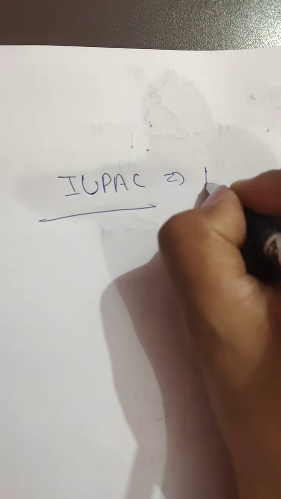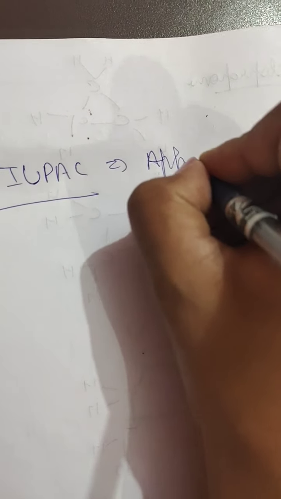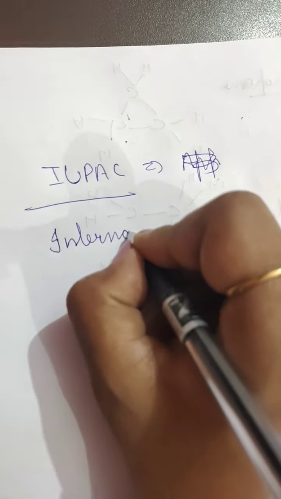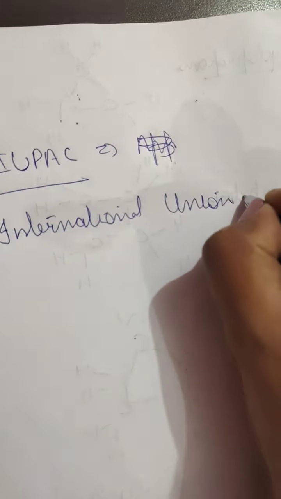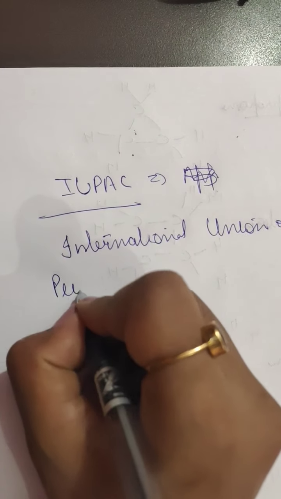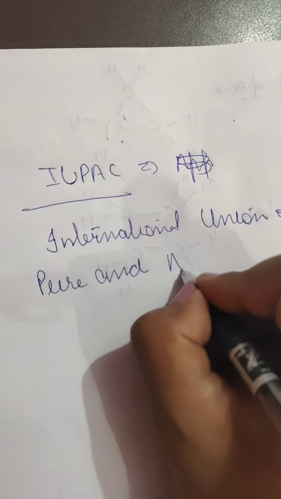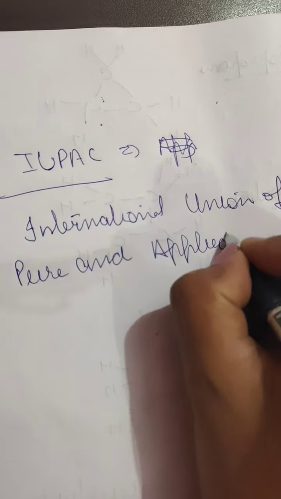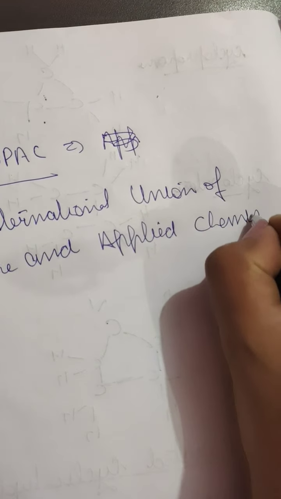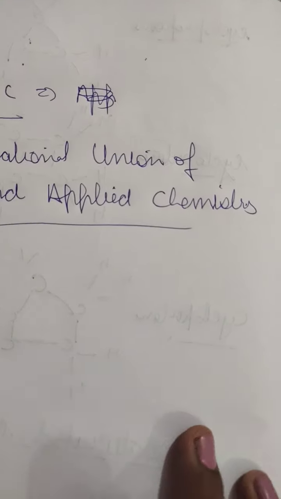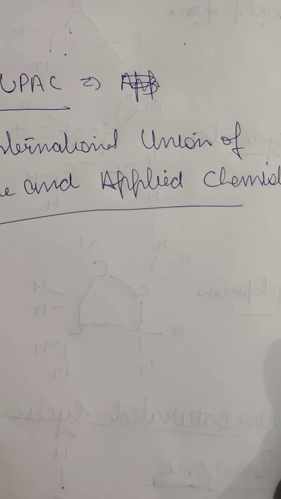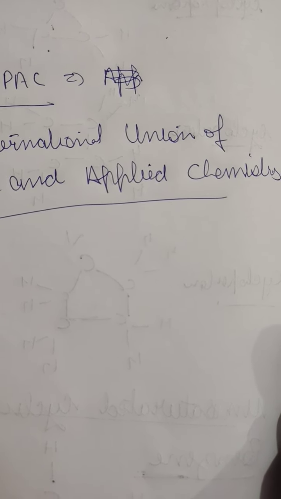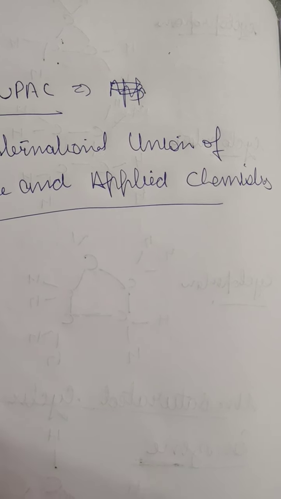IUPAC is the International Union of Pure and Applied Chemistry. It's a body which was formed in some 1958.